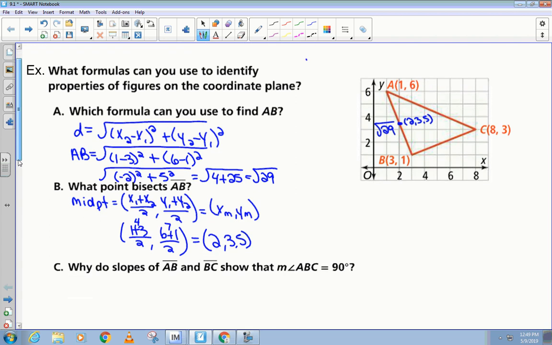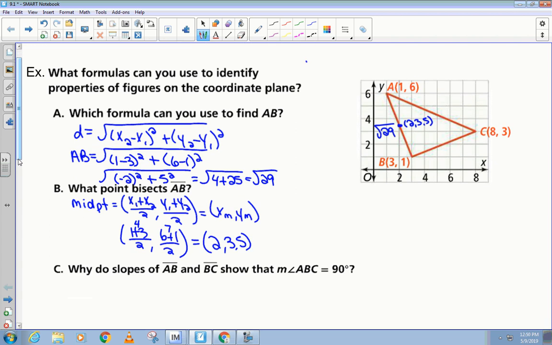Okay, what do the slopes of AB and BC show that measure ABC equals 90? What do we use slope for? Just in general, what do we use slope for? What does it tell you? Not the height, that's the length.